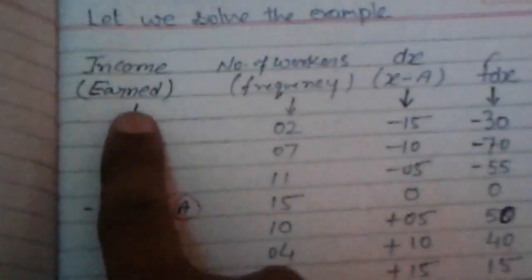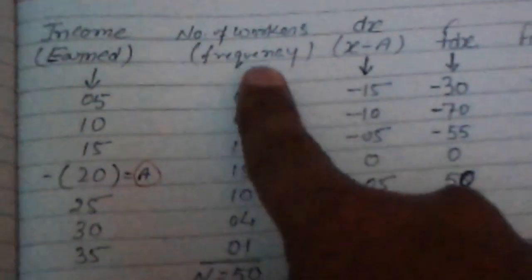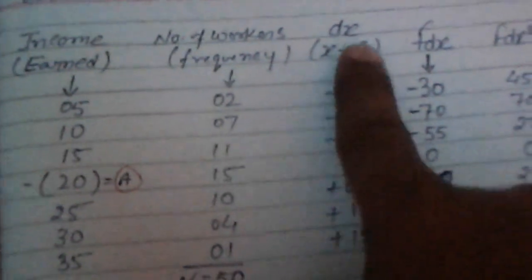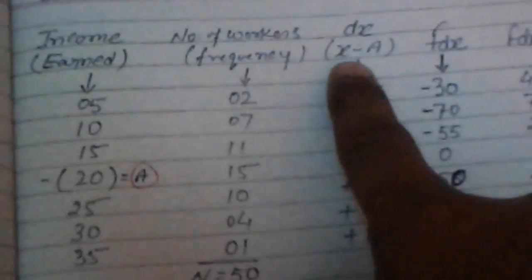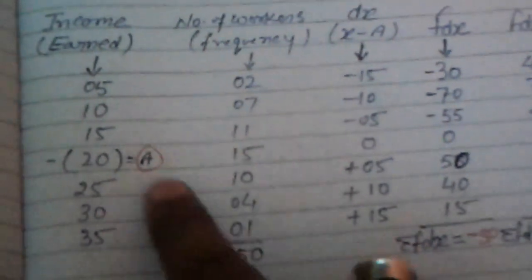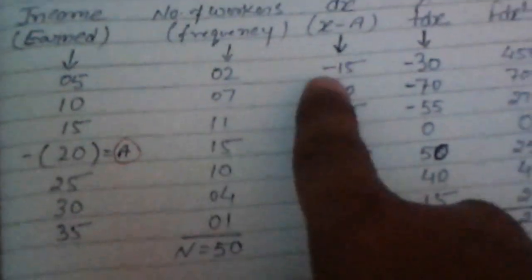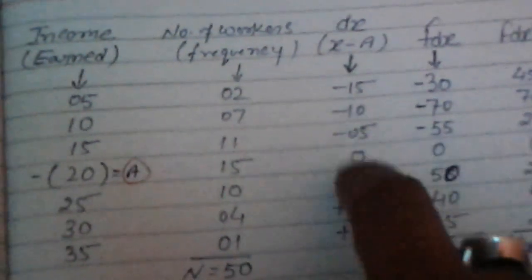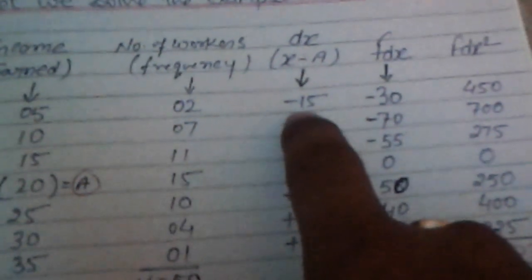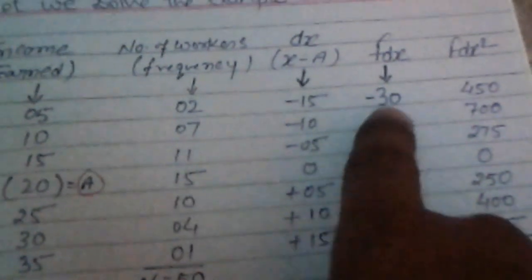You can see the income earned written here, and the frequency is this, and then we find deviation dx, the variable x minus assumed mean. We assume 20 as the assumed mean, and then we find the deviation, and then frequency multiplied by dx. 5 multiplied by minus 20 gives minus 30, and likewise we can find the rest.